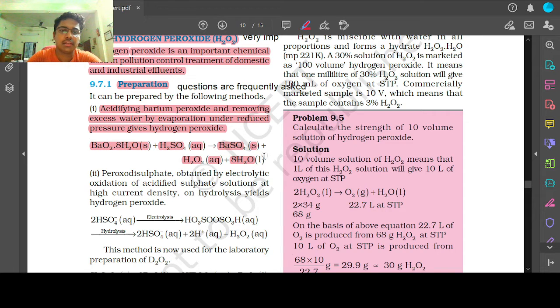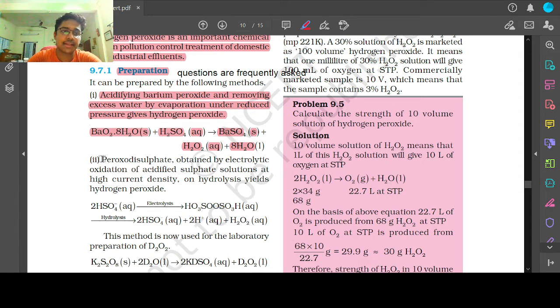When this reaction takes place, it gives BaSO4 plus H2O2 plus 8H2O. The 8 waters of crystallization are removed as water vapor.